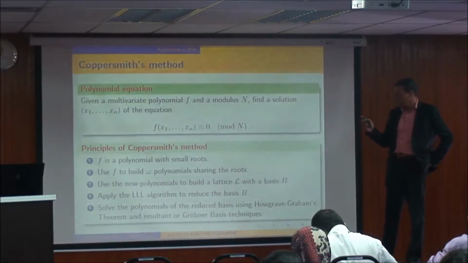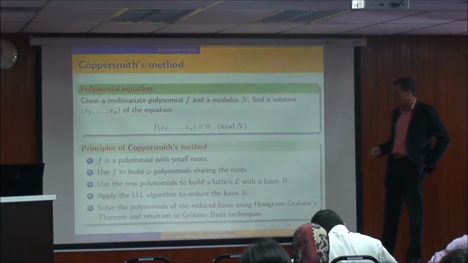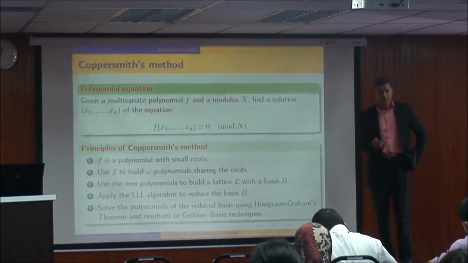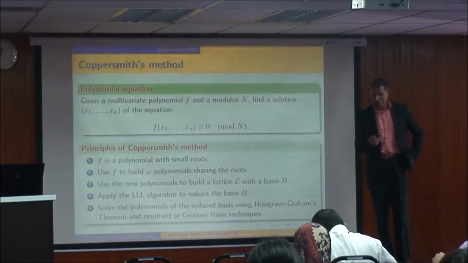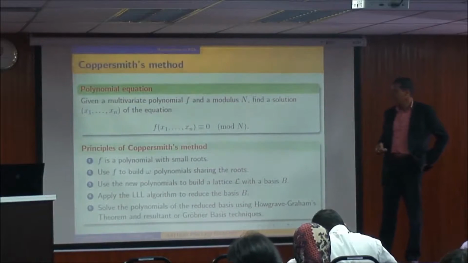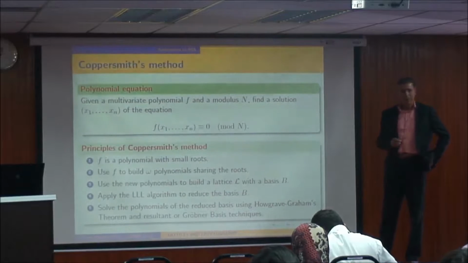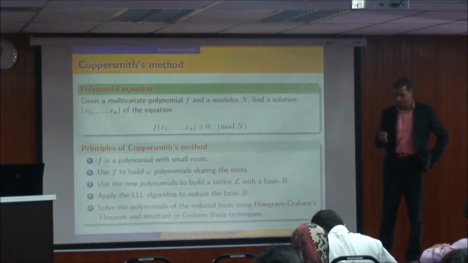So these are the principles of the Coppersmith method, and it is very important, for example, for RSA, because we can find some weak instances in RSA.